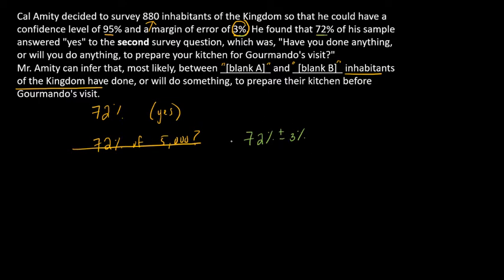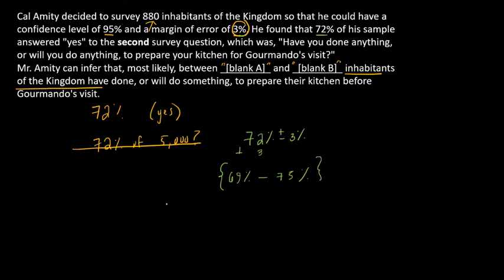If the margin of error is 3%, 72 minus 3 is 69%. 72 plus 3 is 75%. So if we look at the total population, then between 69 and 75% of them will say yes.